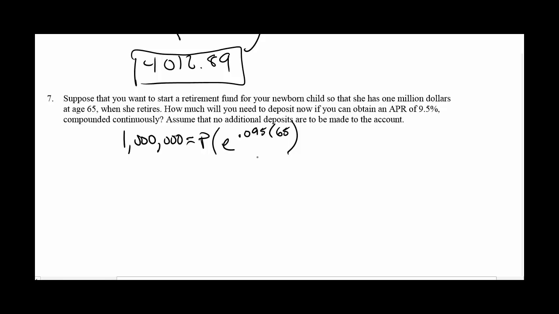Okay, so I want to figure out that number, and then I just want to divide the two. So let me start by figuring out what that number is equal to. 0.095 times 65. Okay, so it's this really big number.